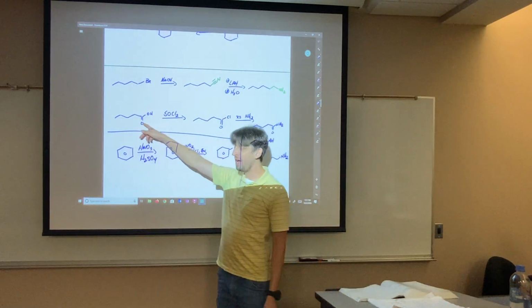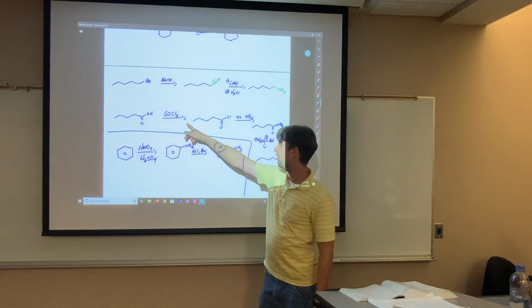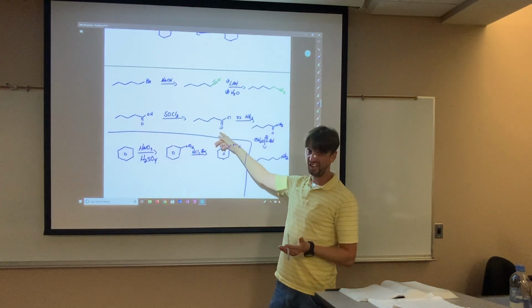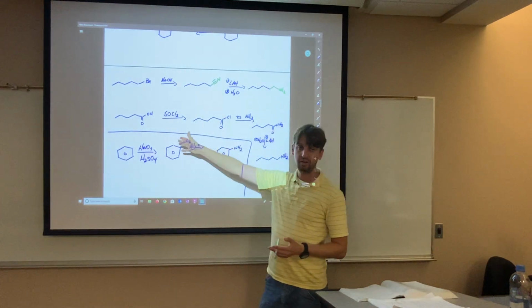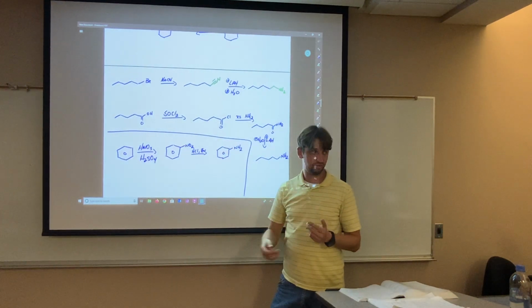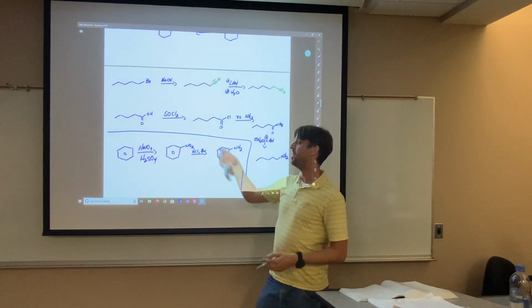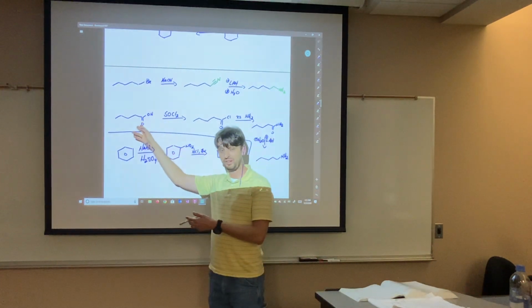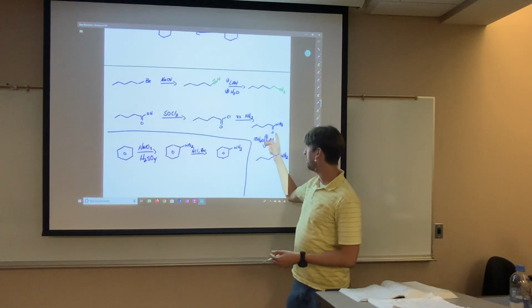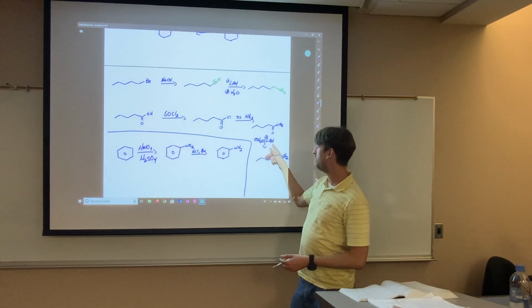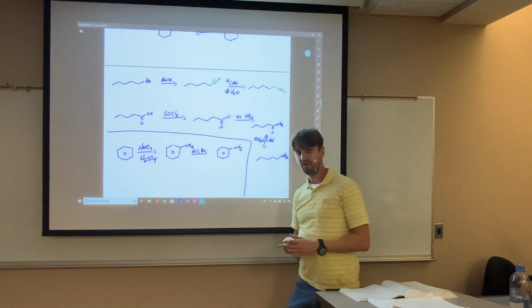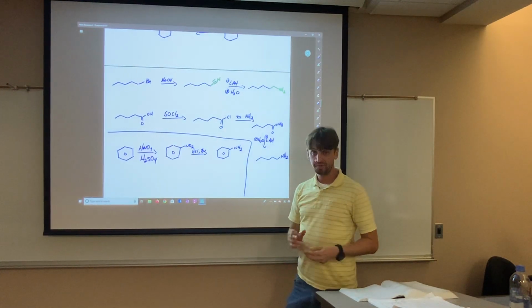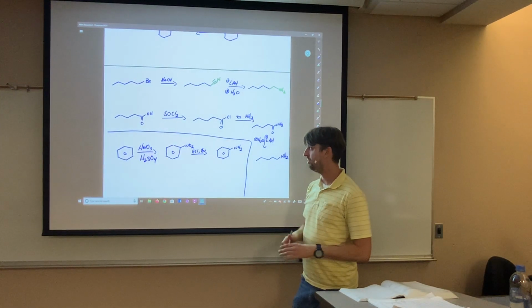With a carboxylic acid, we have to use thionyl chloride, which honestly isn't all that selective. If we have other groups in the rest of this molecule, the thionyl chloride could react with those. And we also have to have a carboxylic acid to begin with, and then we can turn that into an amine after we use something like LAH. We have LAH in both of these cases. Those are harsh reducing agents.